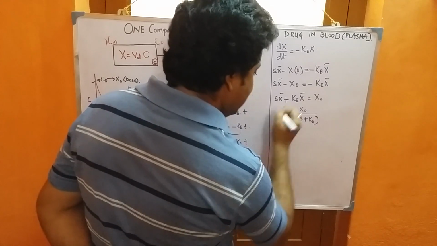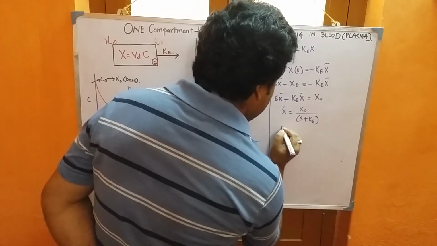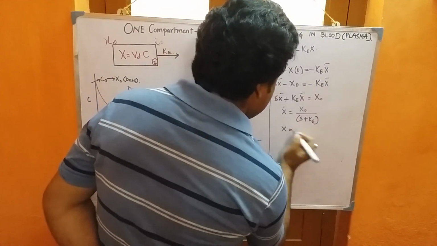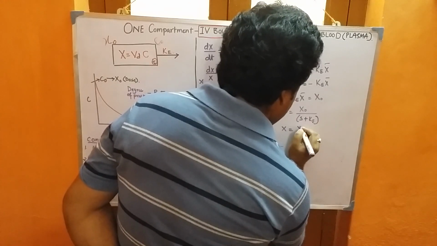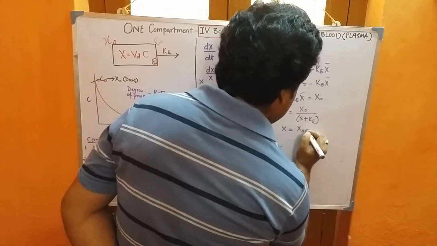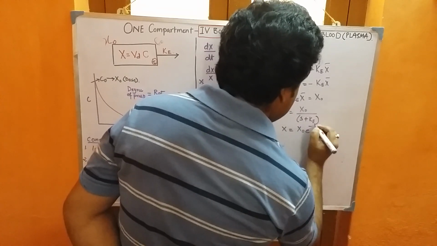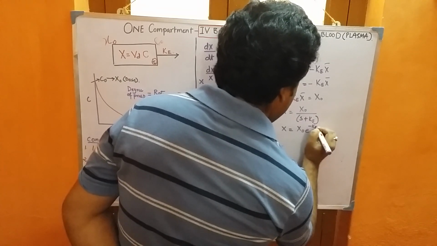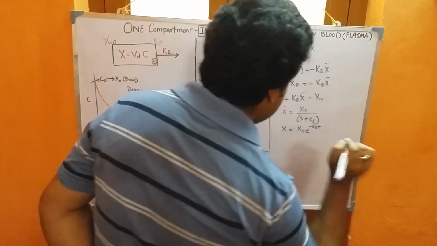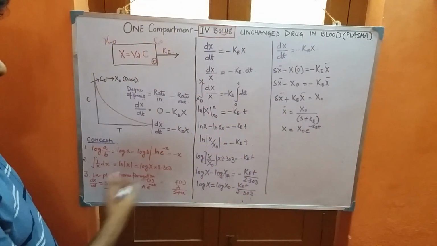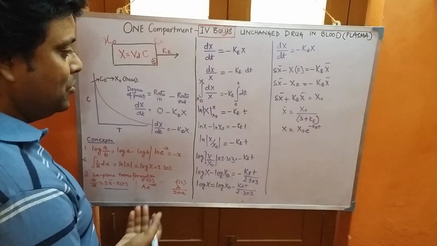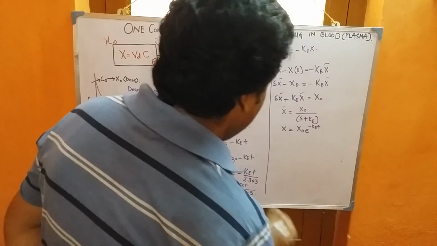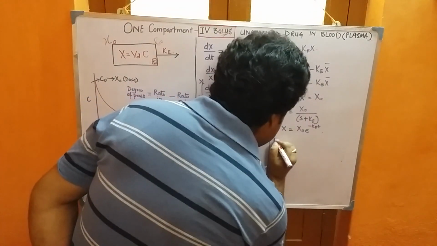If we transform the Laplace value, it will become x equals x naught e to the power minus Ke t. Now you might be saying, sir, this is one way, this is another way. Firstly, we are going to take ln to both the sides.